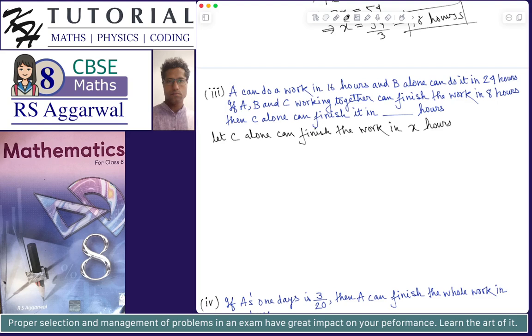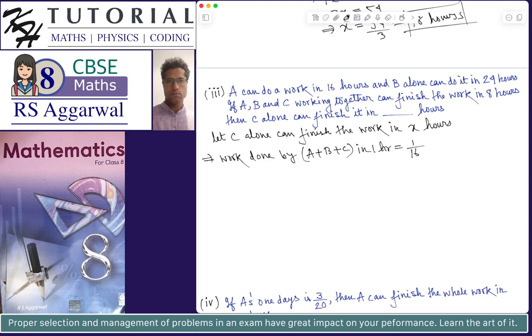So this implies the work done by A plus B plus C in 1 hour will be, we know that A can do a work in 16 hours, which means that work done by A in 1 hour is 1 by 16.